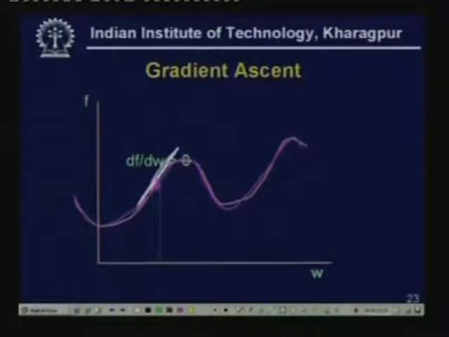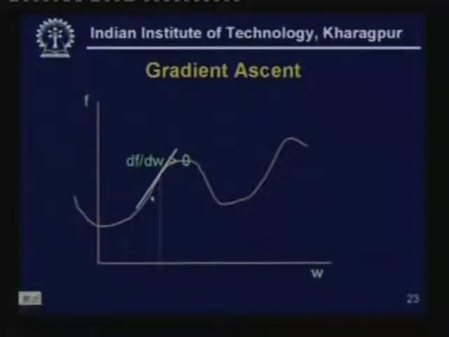And you know that at the extremum points, the slope is 0. So, if the slope df dw is greater than 0, that means if we follow the curve, we will move towards the peak of the curve. If df dw is equal to 0, we have reached the extremum position of the curve. Now, our objective is we are given an error function on the weights and we have to adjust the weight values in order to go to a region where the error is minimum.